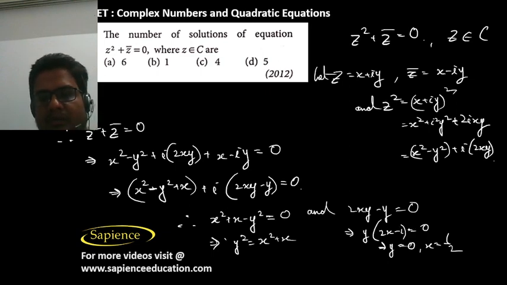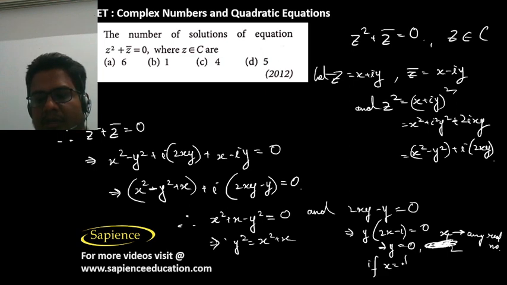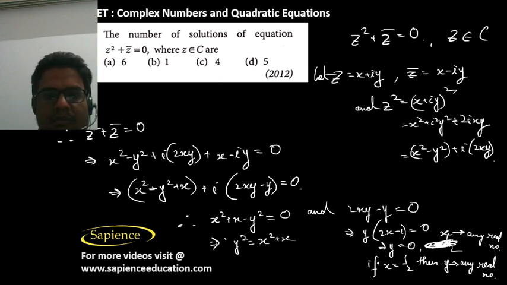So y into 2x minus 1 should be equal to 0. So if y equal to 0, then x can be anything. Then x I can put any real number. And if I take x equal to half, then also y we can take as any real number.